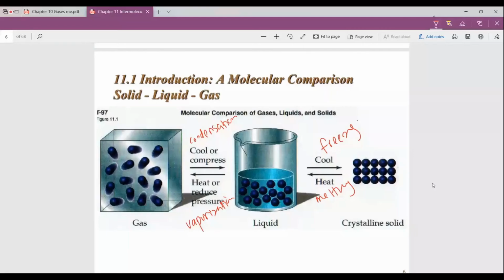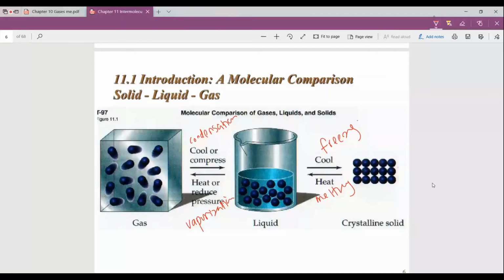Same goes with liquid and solid. In liquid the molecules are quite far, but when it turns to solid, they are near to each other, compact. So that also releases heat in order to form bonds.